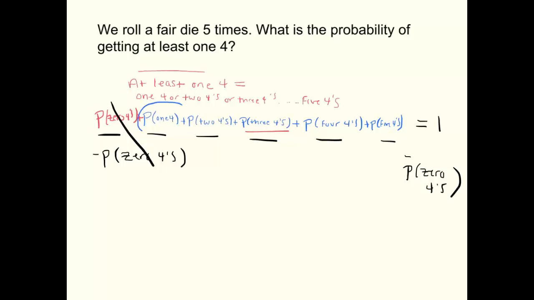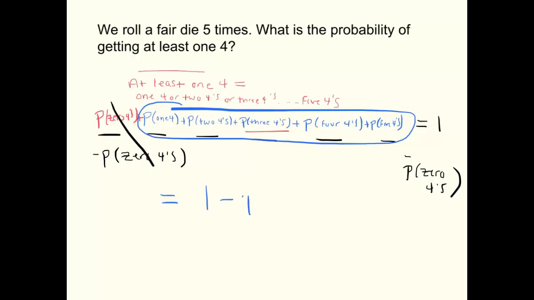We want to compute all the probabilities here in blue, and to do it we can just write it as equal to 1 minus the probability of 0 fours. But 1 minus the probability of 0 fours is much easier to deal with, because we just have to compute the probability of 0 fours and subtract it from 1.